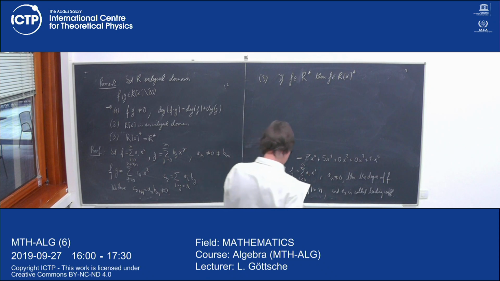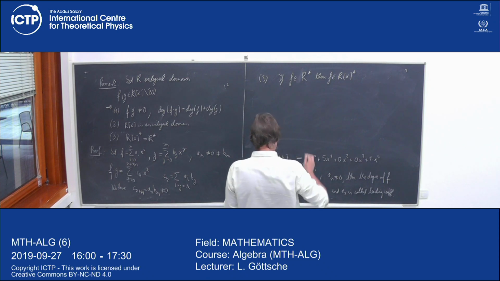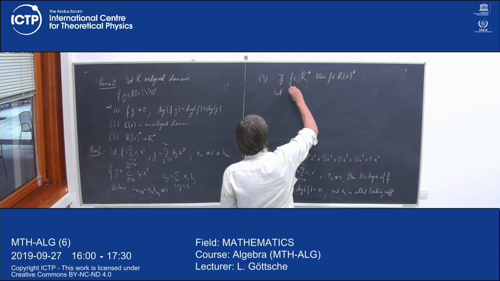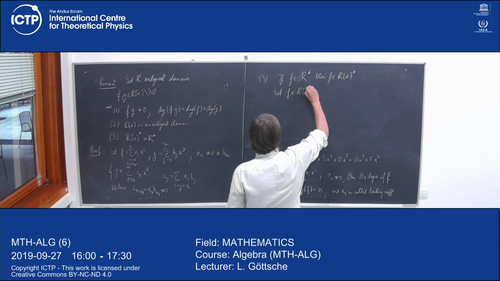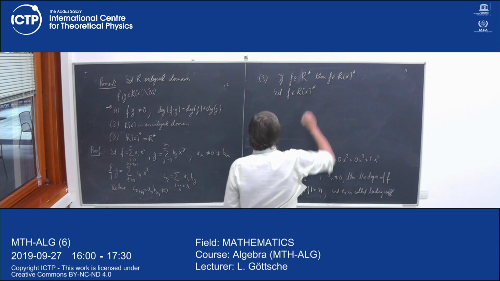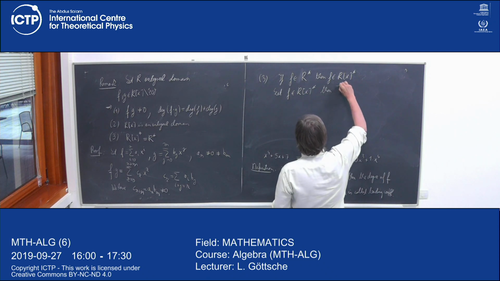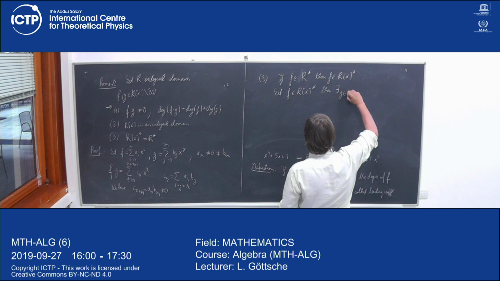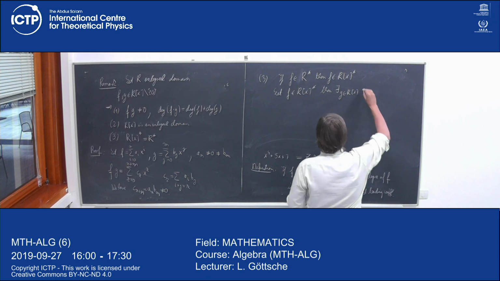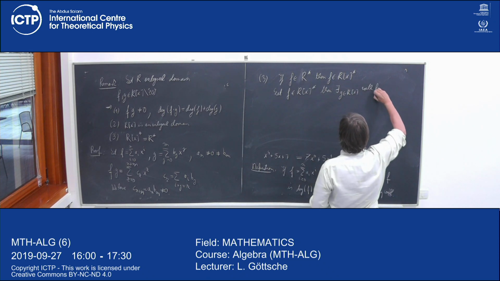So we only have to see the other direction. So let f be a unit in R[x]. So then it has an inverse. So then there exists a g in R[x] with f g equal to 1.